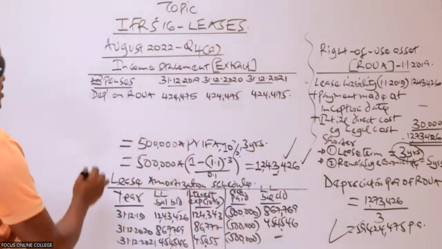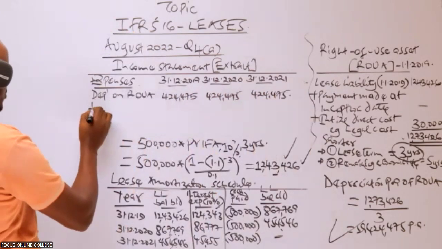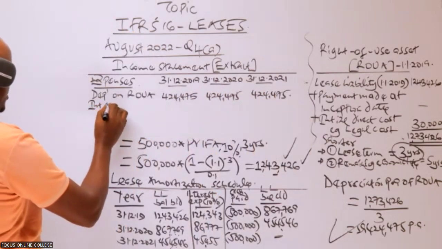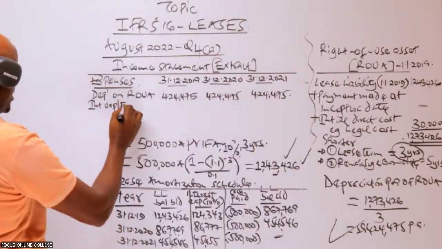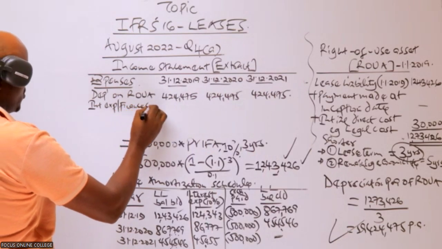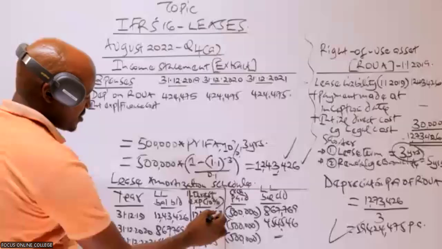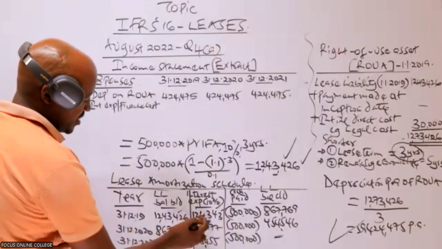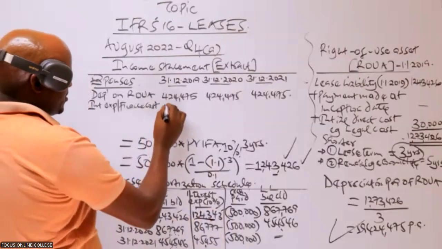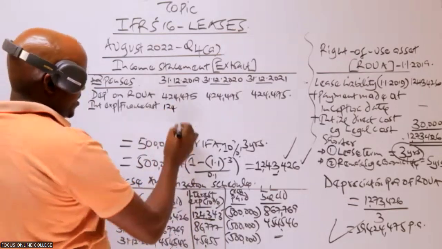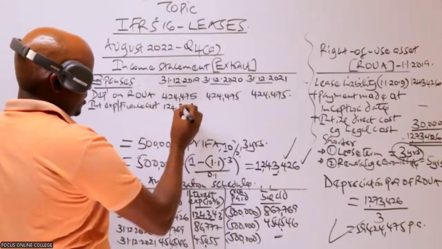It will not change. Then still our company was supposed to recognize the interest expense. In other terms, we refer to this as finance cost. So the finance cost or the interest expense for year 1 is this amount here, 124,343.